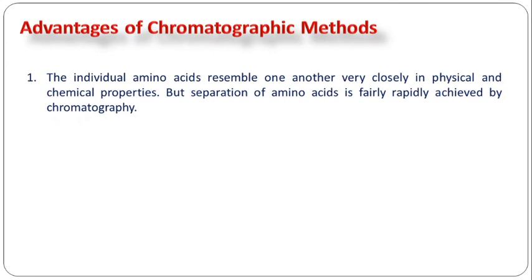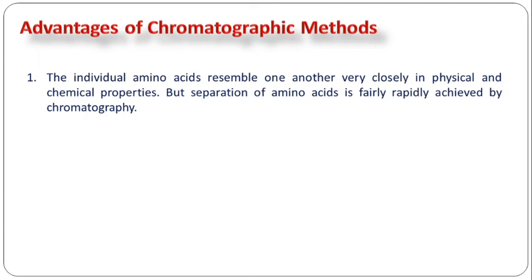Now we'll see what are the advantages of all these chromatographic methods, whatever we have learned in these 6 lectures. The individual amino acids resemble one another very closely in physical and chemical properties, but the separation of amino acids is fairly rapidly achieved by these chromatographic techniques.